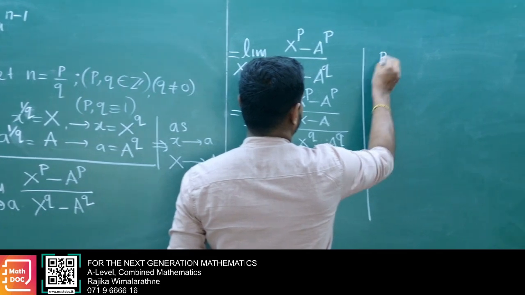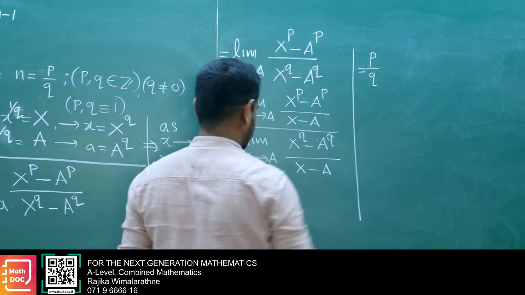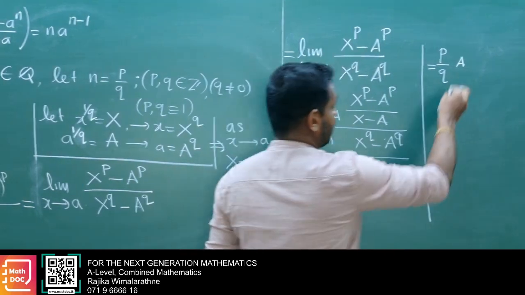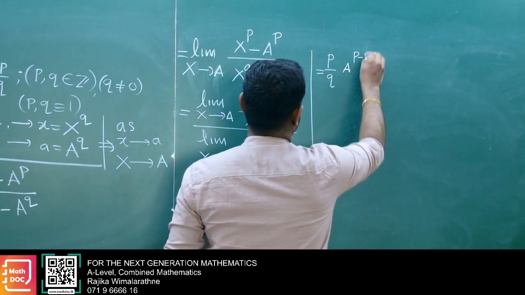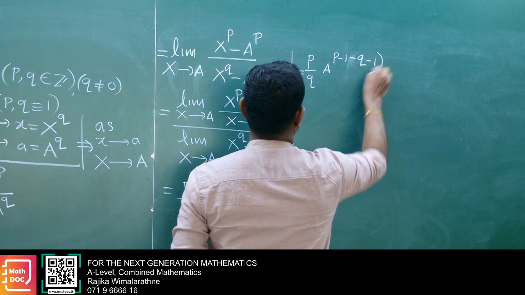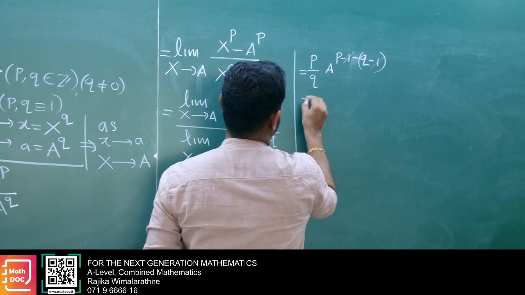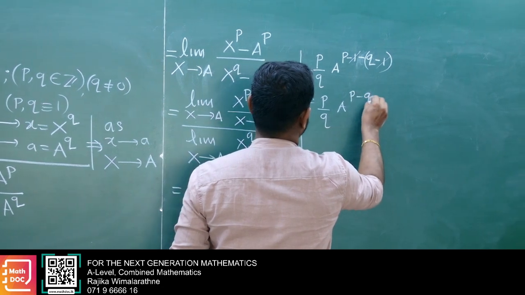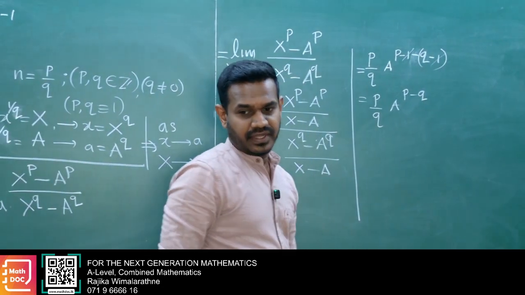P divided by q, a to the power, here take this index upstairs, p minus 1 minus q minus 1. P divided by q, a to the power p minus q.